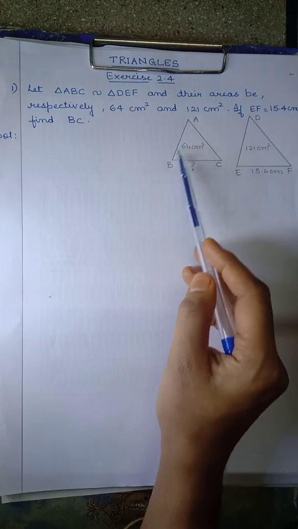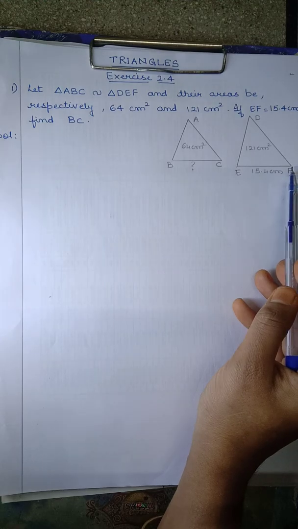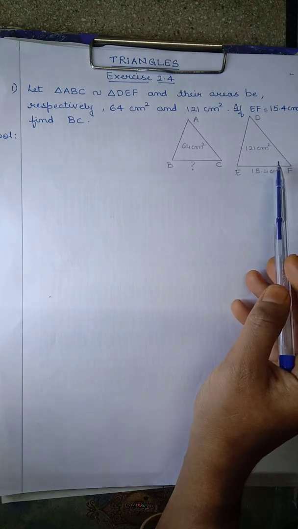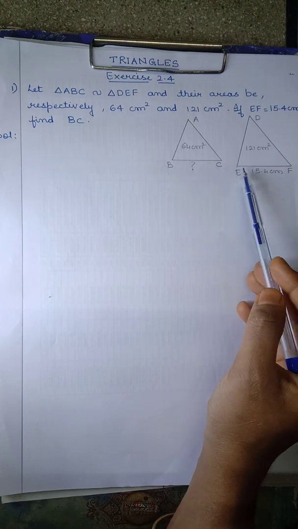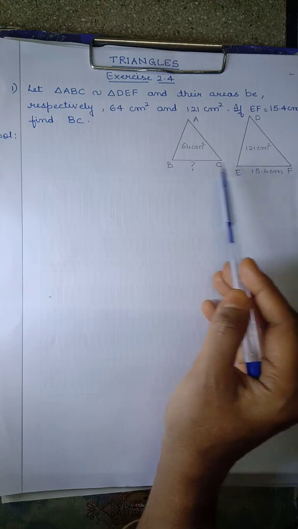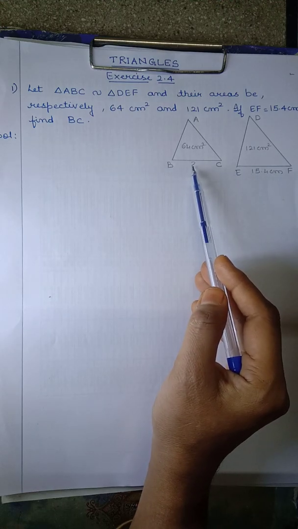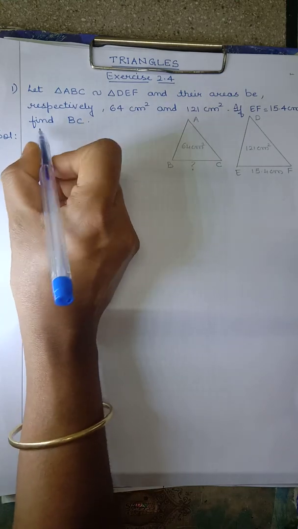Yes, so area of ABC upon area of triangle DEF will be equal to the square of their corresponding sides, that is BC square by EF square. So areas are given, one side is given, you can find the other corresponding side. Okay, so let's use the theorem to solve this sum.